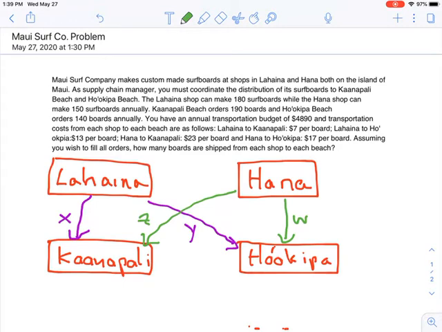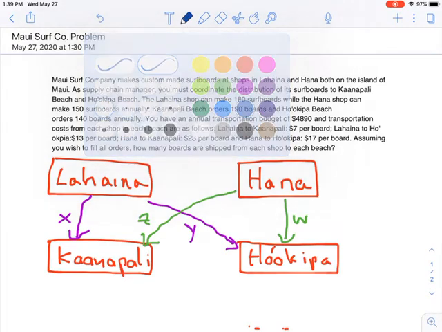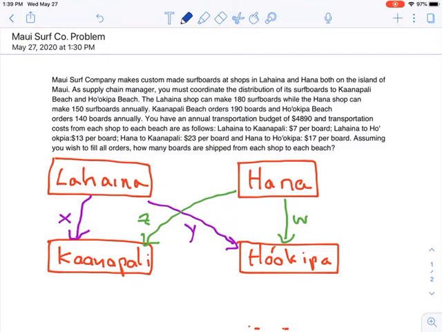Now, let's show that in Lahaina, it says they can make 180 surfboards, so I'm just going to put 180 up here. Hana can make 150 surfboards, so I'm going to put that number up there.